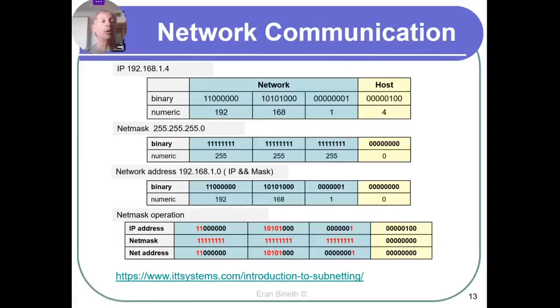Let's see a simple demonstration of the classless with a 24 boundary, much like the C option. If we have an address of 192.168.1.4 and we impose a mask of 24 bits, we can compute the network address by multiplication, using the AND logic connection between the IP and the mask. 0 and 1 is 0, 1 and 1 is 1.